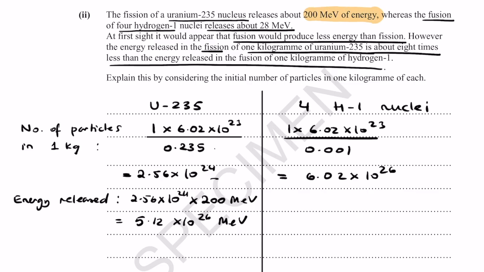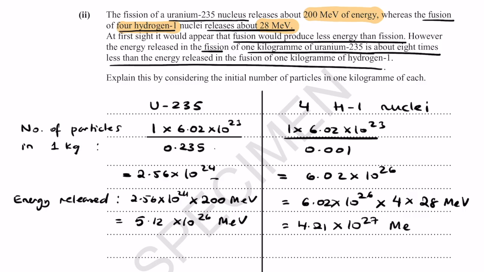And we are then given that 4 hydrogen-1 nuclei will release 28 MeV. So energy released over here will be therefore 6.02 times 10 to the 26 times by obviously 4 times as much. So 4 times 28 MeV. So that will be 4.21 times 10 to the 27 MeV.